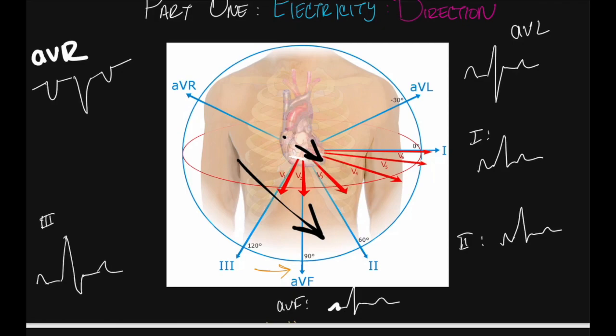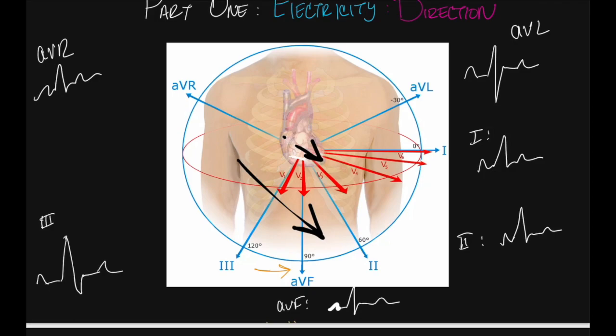And so we can see, as we talked about in our last video, that if we, for instance, see a situation where AVR looks like this, well, that's a little bit of a cause for concern, because that almost implies that the electrical activity of the heart has completely reversed. It's going from bottom left to upper right.